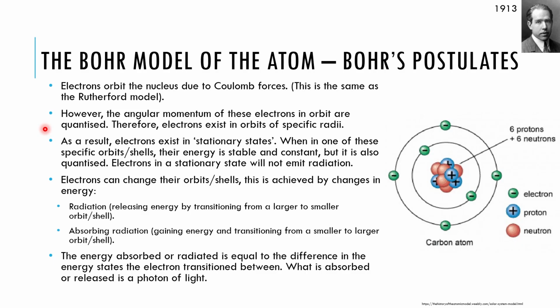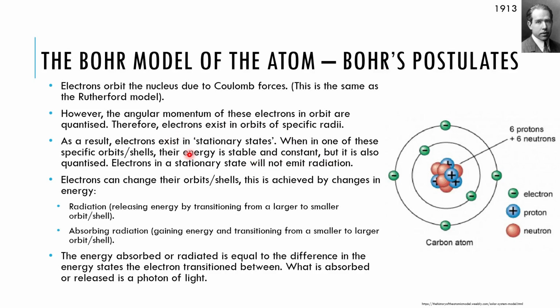And because there was a quantized amount of angular momentum that these electrons had, there were only specific orbits that the electrons could exist in with set or quantized radii. In other words, the electron could exist in one orbital or another orbital, but not in between. He suggested that at these particular orbits, they existed in stationary states.